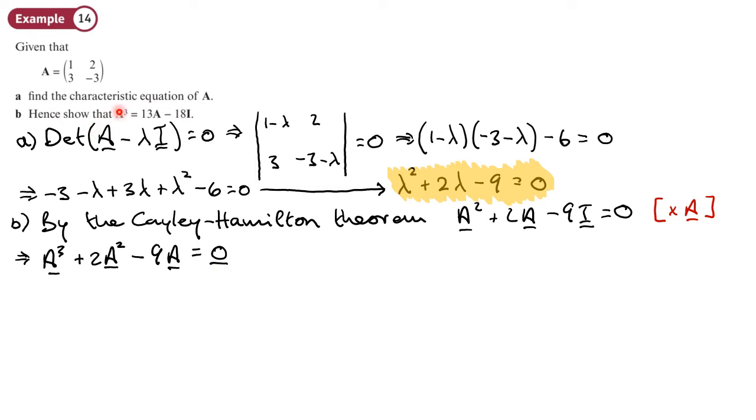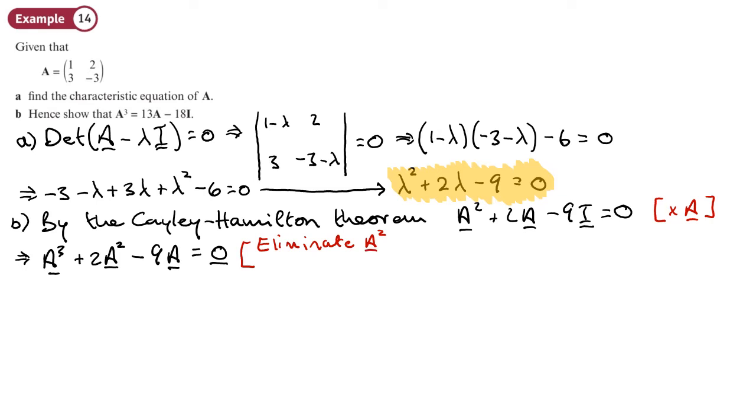Now you'll notice that what we're trying to get to has no A squared term in it. We've got an A squared term here. But we can rearrange this to make A squared the subject, and substitute it here so that we can eliminate A squared.